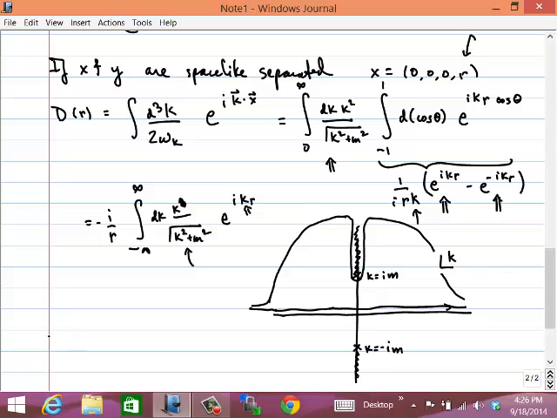And so you can perform this integral just by thinking about it as an integral along the branch cut. I'll introduce a variable z, which is equal to i k along the branch cut. Then this is the integral along the branch cut, say from m to infinity, of z e to the minus z r dz over the square root of m squared minus z squared.